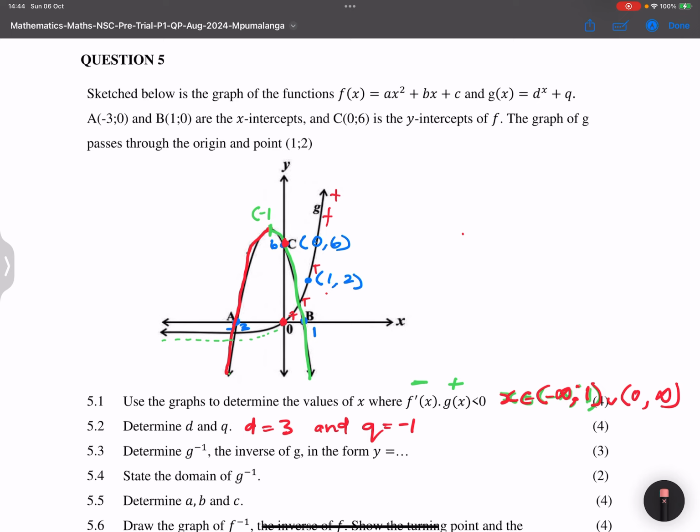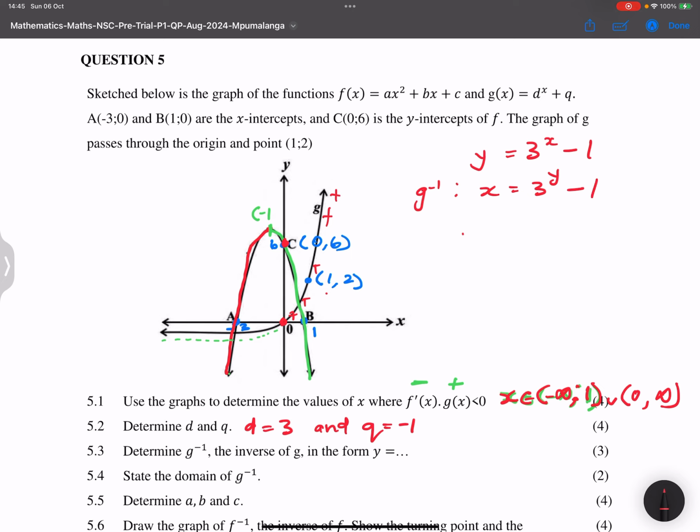Now, we know the new formula for g of x is equal to 3 exponent x minus 1, right? So we can write this as y is equal to. But remember, when I take the inverse, for the inverse graph, that would simply be x is equal to 3 to the power y, minus 1.